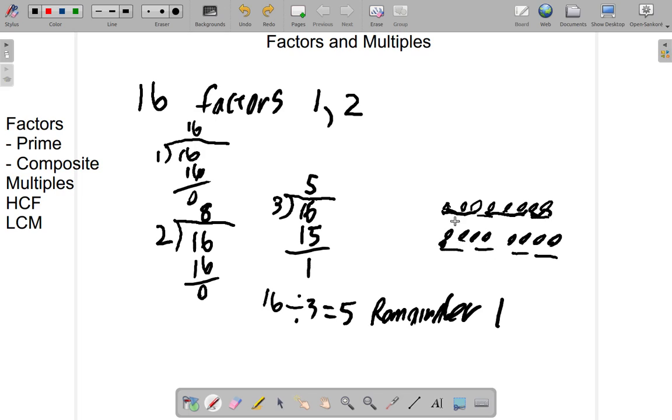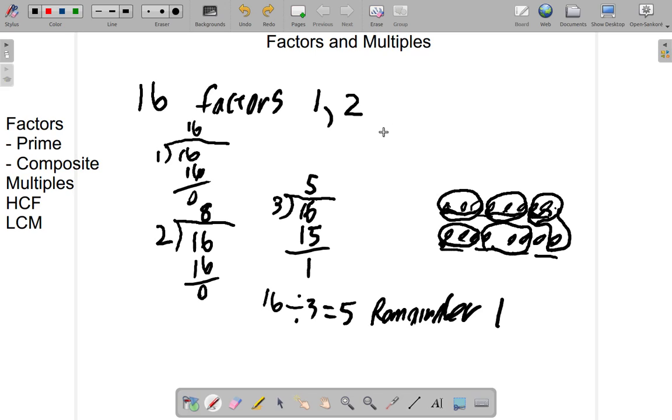Are we going to cover these? Good. There's 1 3, 2 3's, 3 3's, 4 3's, 5 3's. But we are not able to cover any more 3's because there's only 1 left over. So 3 is not a factor. 3 cannot go directly into 16.